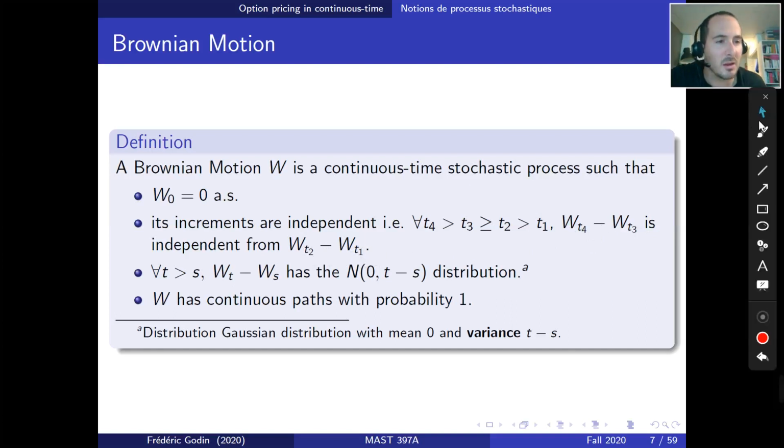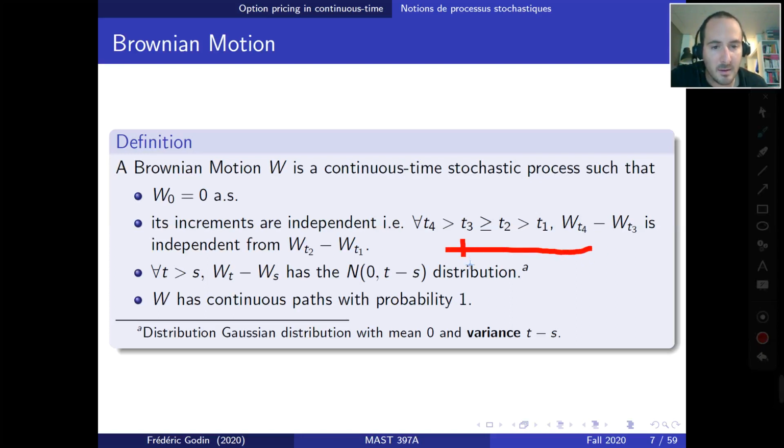Okay, so if we draw a little picture to make that more clear, here let's say this is t1, t2, sorry for the writing, it's a bit bad with the software. This is t4. So if we have that, then the variation of the Brownian motion over this interval here is independent of the variation of the Brownian motion on this other interval.